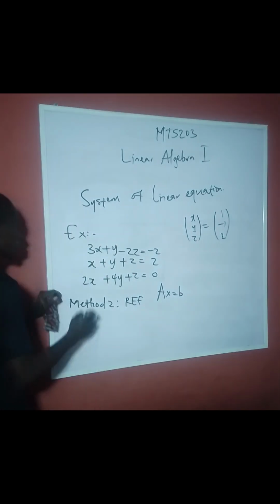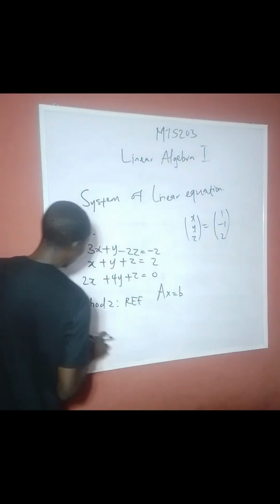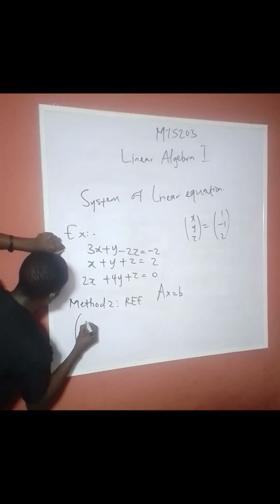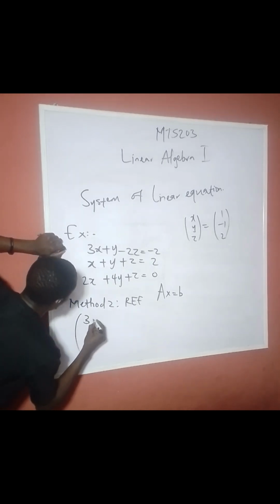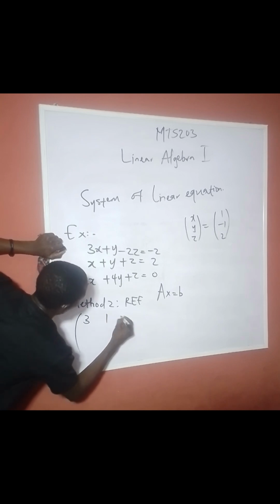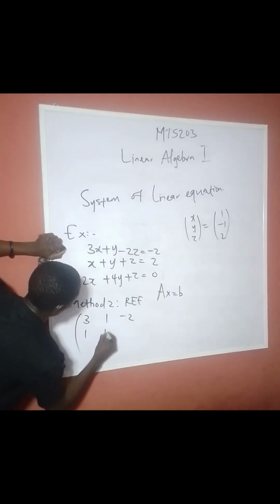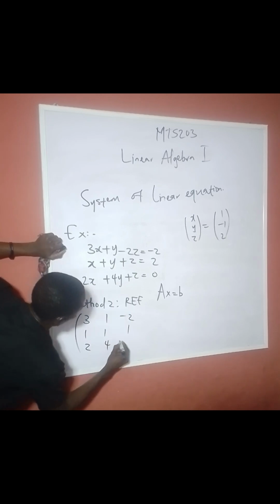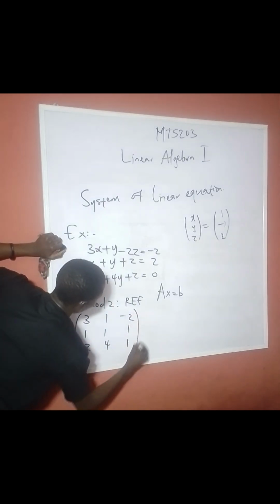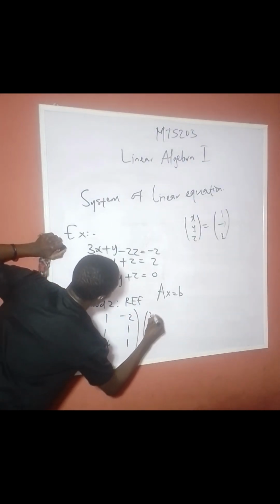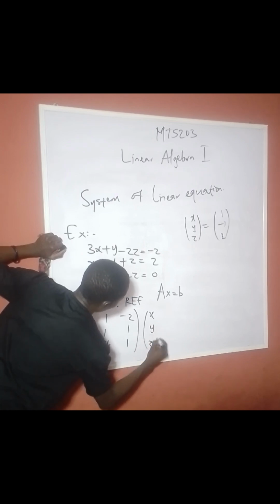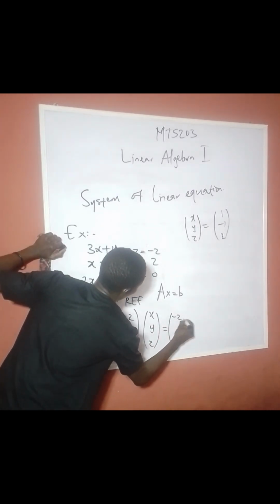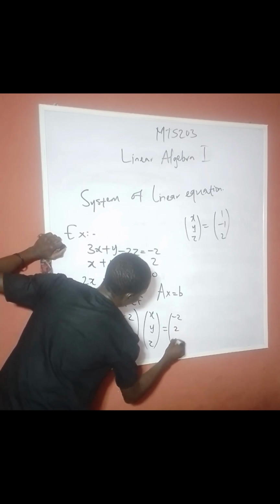So this system of equations, I can easily represent in this form. Let me set it as an augmented matrix: 3 1 minus 2, 1 1 1, 2 4 1. Then my unknowns are x, y, and z. So my results are minus 2, 2, 0.